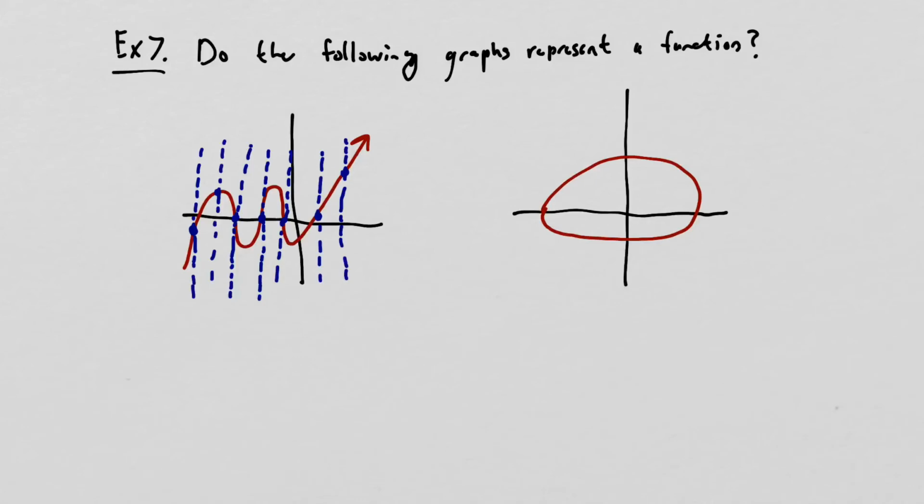And what we see in this first graph is that this passes the vertical line test because for each vertical line that we just drew, each of these vertical lines only passes through once. Now applying the vertical line test to the other graph, let me use a different color this time.